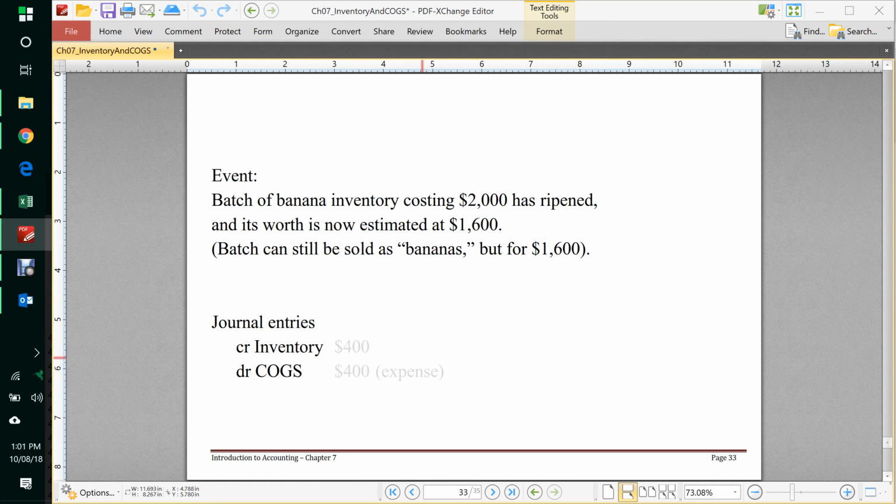In this case, notice how here we're writing down to COGS. Okay, so let me just fill in what we do here. So we definitely say the inventory value has been reduced by 400, and here they just say COGS expense.